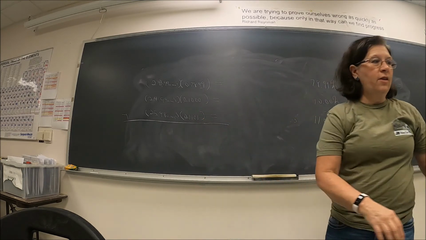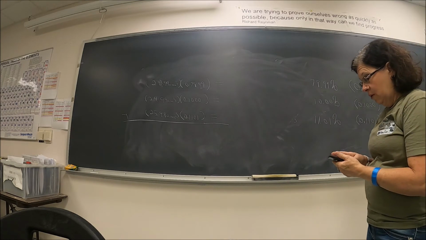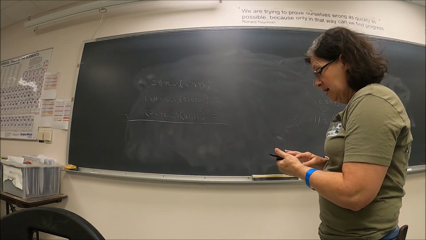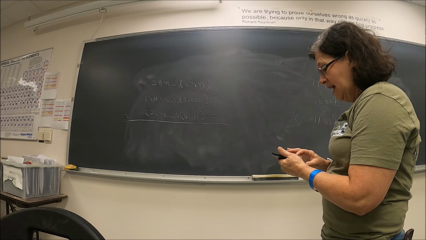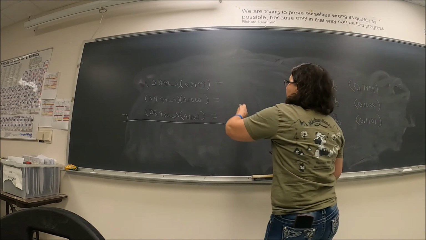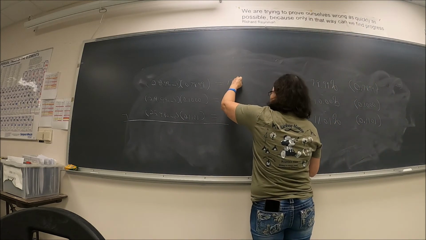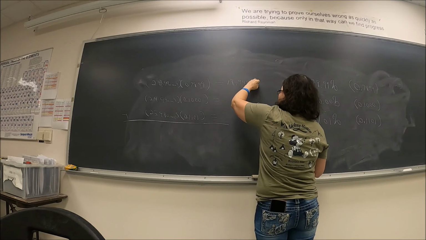So let's do this. 23.99 times 0.7899 gives me 18.949701 AMUs.